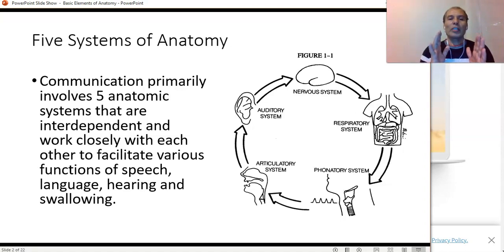Think about the nervous system in terms of, say, a robot, Sophie, the robot, or other robots. I use Sophie as an example because she is a talking robot, and she's quite sophisticated.